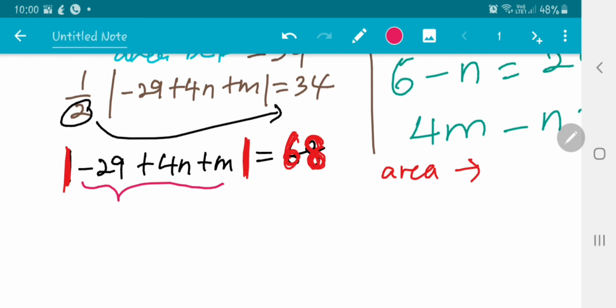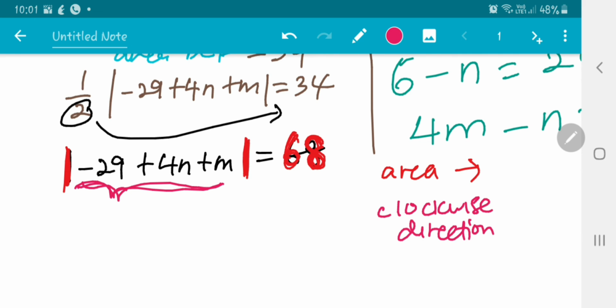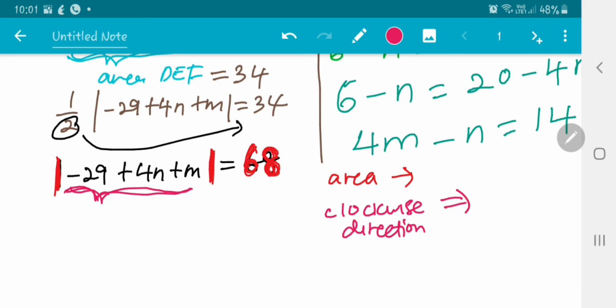Alright. So, lagi sekali. Kalau kamu susun koordinat dalam susunan arah jam, clockwise, nilai dalam modulus ini dia negatif. If you arrange the coordinates in clockwise direction, the area inside the modulus is negative.